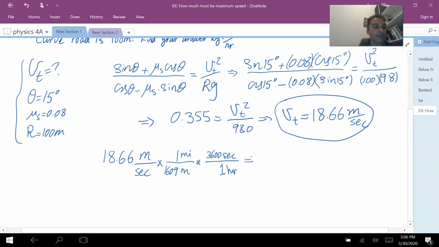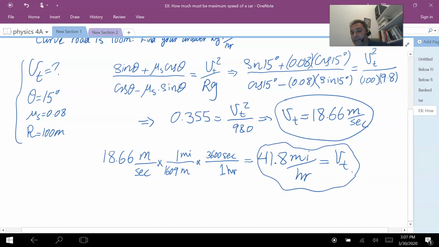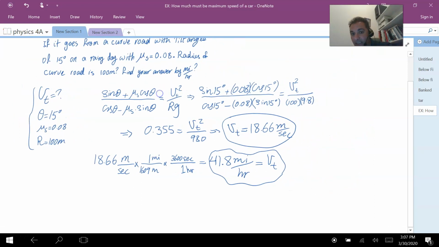So if I do that number times 3600 divided by 1609, there you go. So it comes to 41.7, let's say 41.8 miles per hour.